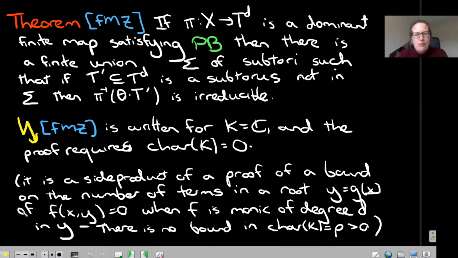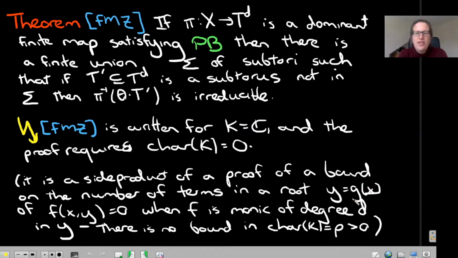One of the punchlines of their paper is to give a solution to the following problem. Suppose I have a polynomial in two variables, x and y, and it's monic of degree d in y. So viewing it as a polynomial in y, it's monic of degree d. And you want to ask yourself, does this have a polynomial root?